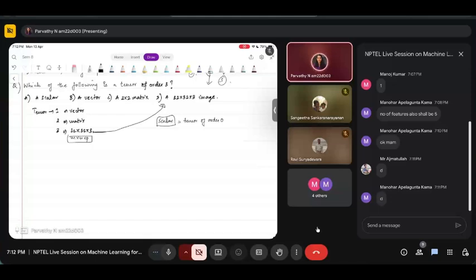Order 2 is a matrix. If we take this 32 by 32 by 3 image, it requires 3 indices. That is the order. These are the rows, columns, and the channel. When you have an RGB image, you have 3 channels. So this is a third order tensor.